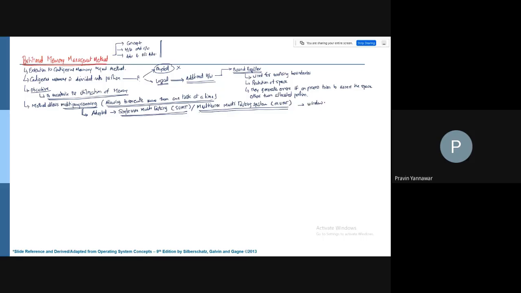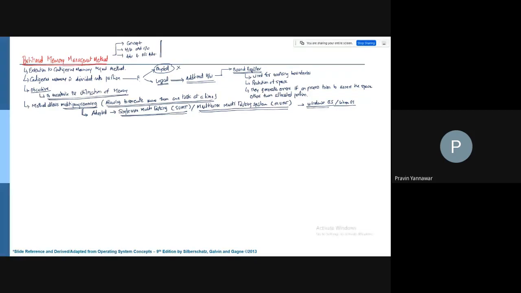Okay, so this is particularly a single user multitasking system, or you can go for a multi-user multitasking system. The best examples are Windows OS or Linux OS.